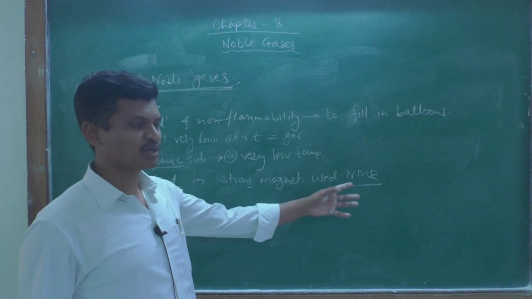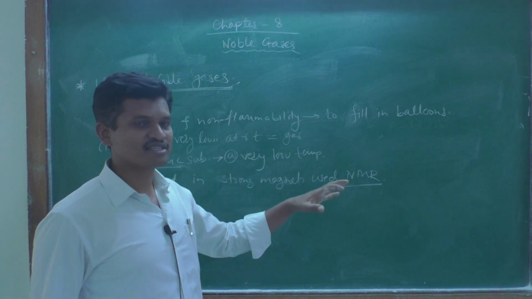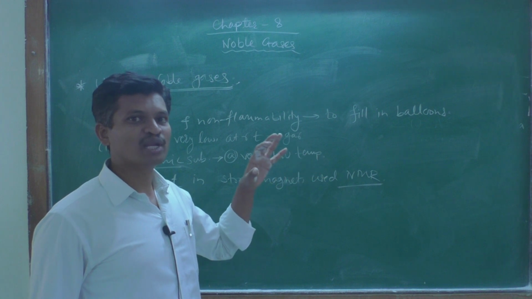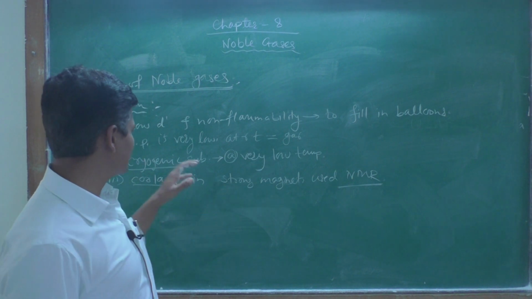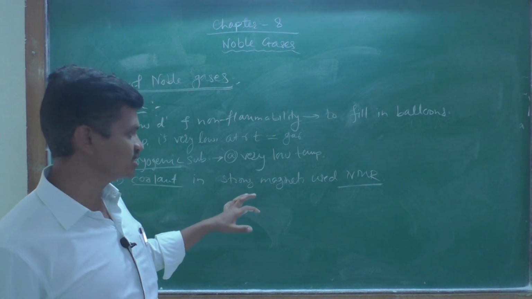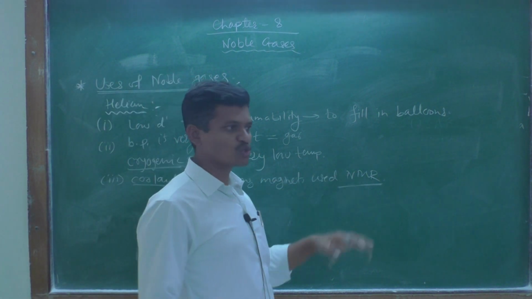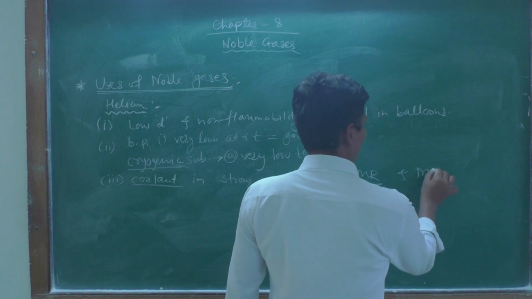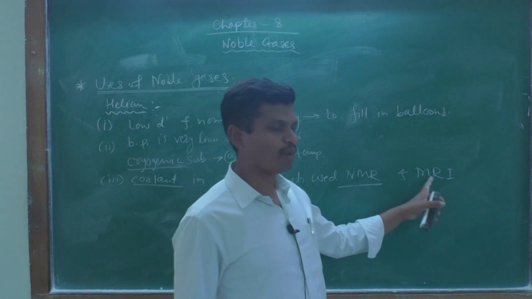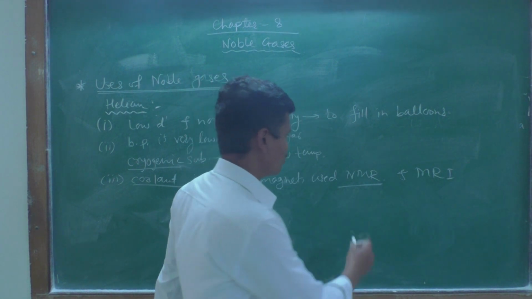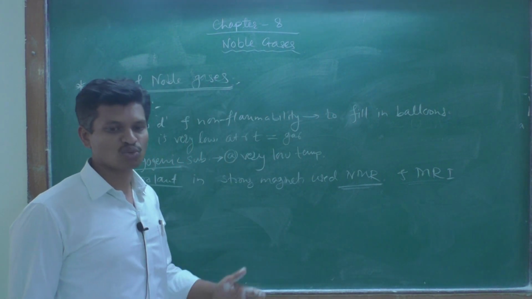We know that NMR spectroscopy has strong electromagnets, and we have to maintain a very low temperature for those strong magnets. In such cases, helium gas is used as a coolant in NMR spectroscopy as well as in MRI, that is magnetic resonance imaging. So in both MRI and NMR, helium gas is used as a coolant.